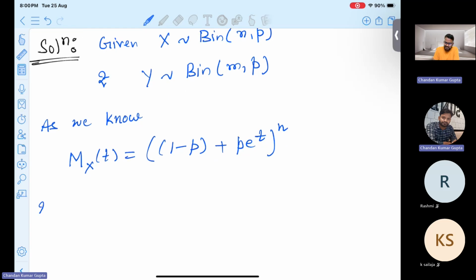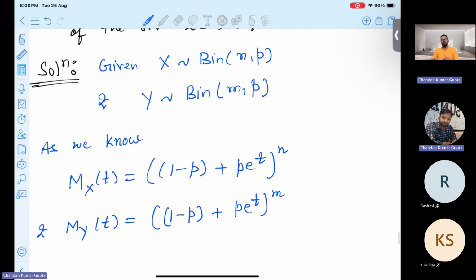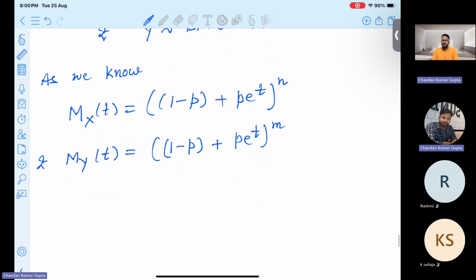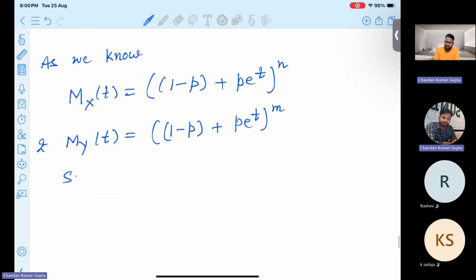In the same manner, the MGF of Y is (1 minus p plus p e to the power t) whole to the power m, because it has the same probability of success but a different number of trials, that is m.